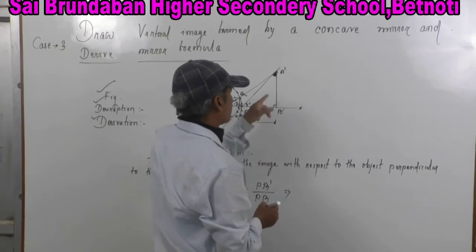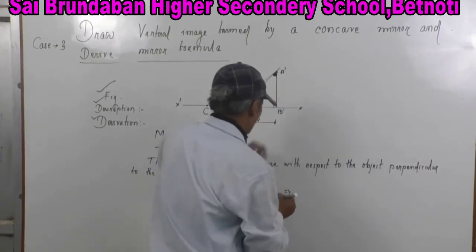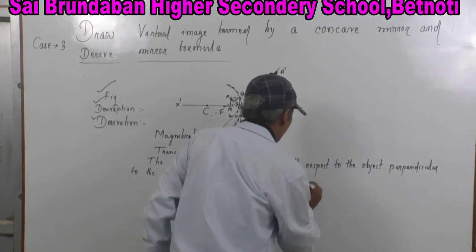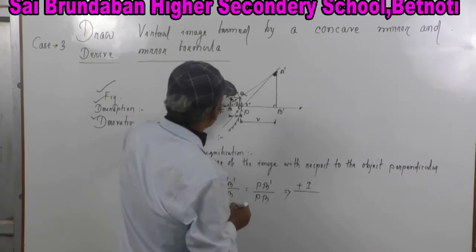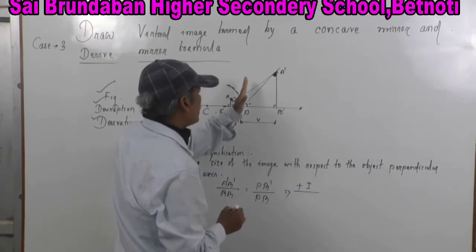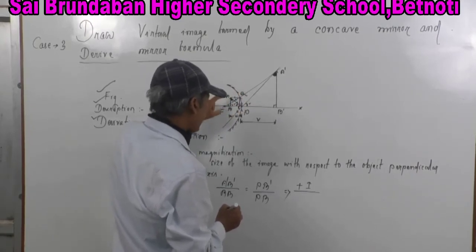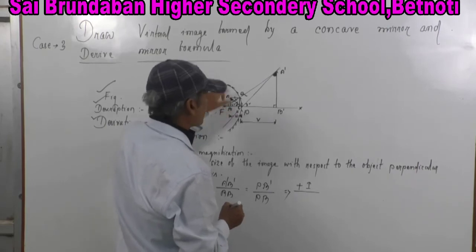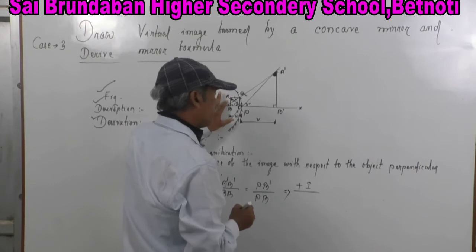So earlier I have stated, if it is parallel to the positive y-axis, it is plus. So now plus I by the length AB, which is also measured parallel to the y-axis and above the principal axis, so it is also positive.